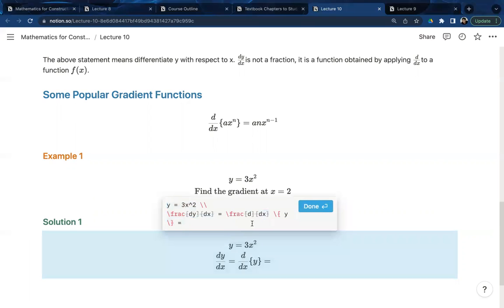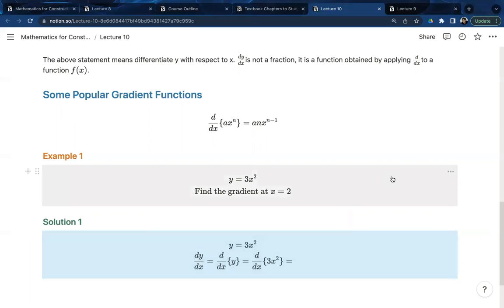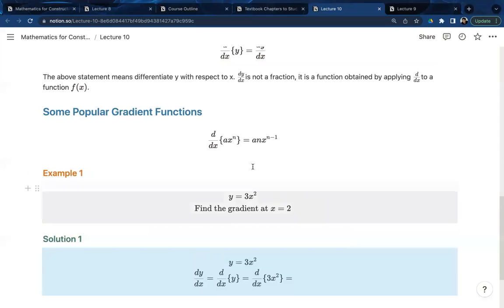So we have to substitute for y now: d dx of 3x squared. What does the rule say? If you have ax to the power n, you leave the a on the outside, but multiply a by n.